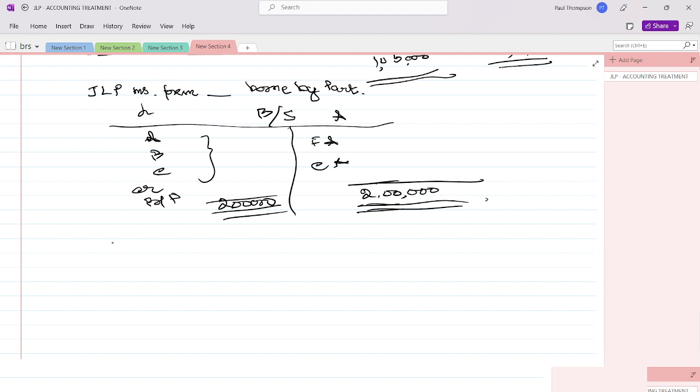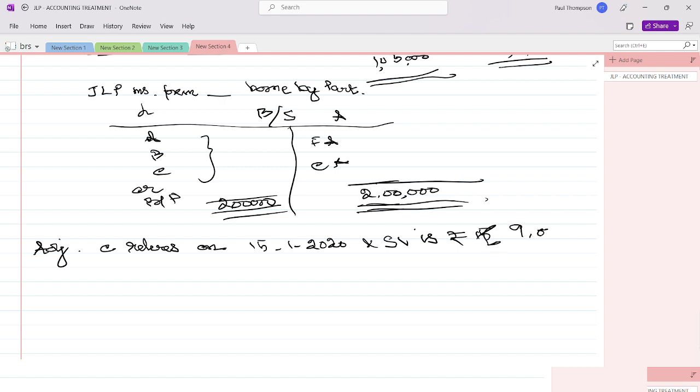Only in the adjustment, if you are given, suppose C retires, I am taking in this case C retires on 15th January 2020, and the surrender value is 15,000. For example, okay, let me take the surrender value as 9,000. So the surrender value is given.